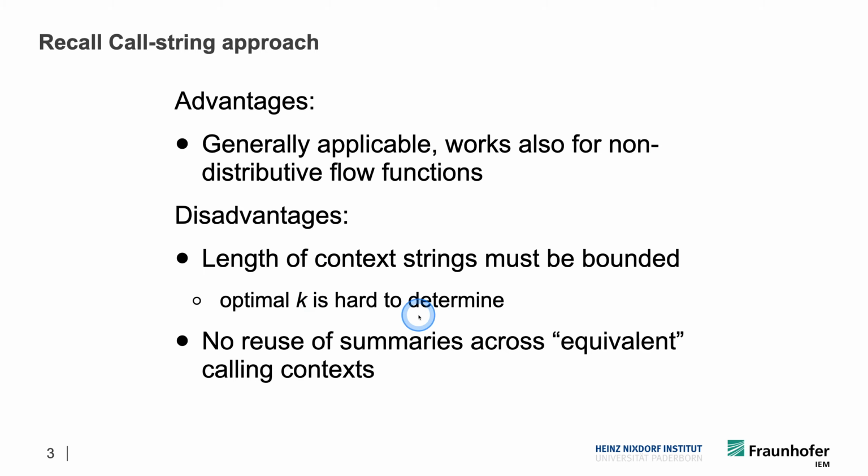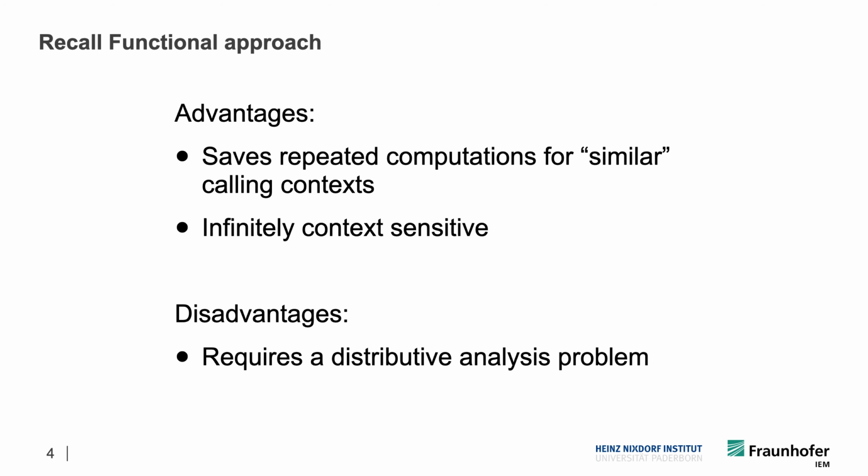That you need to bound your analysis to this factor k that constrains the size of the calling context strings. And we also saw that it has this disadvantage that there's no reuse across summaries, that there's no reuse because there are no summaries across equivalent calling contexts.